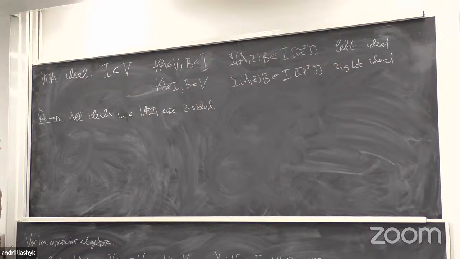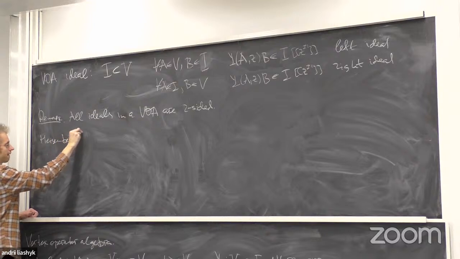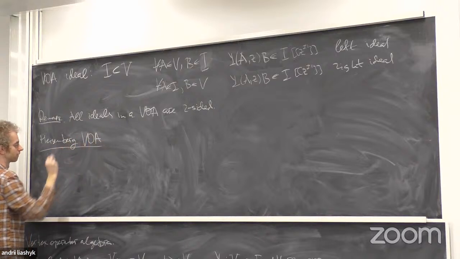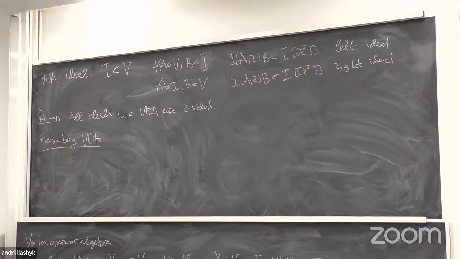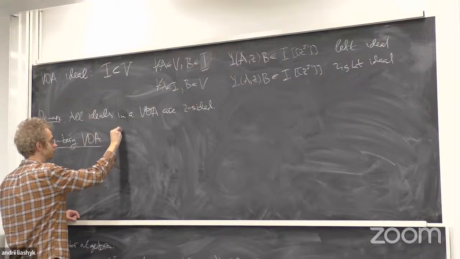So these are the ideals. And now let me get back to the example we've seen last time before going back to the general construction. The example is the Heisenberg vertex separated algebra. Recall that we've seen it last time. So our V is pi.